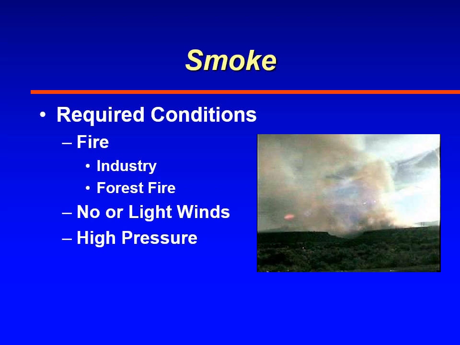Forest fires can dramatically reduce visibility over a large region. Also, if the winds are very light or there is no wind, the smoke tends to be denser. Stronger winds tend to mix it out. And high pressure systems induce inversions, which tend to cause the air to stagnate.